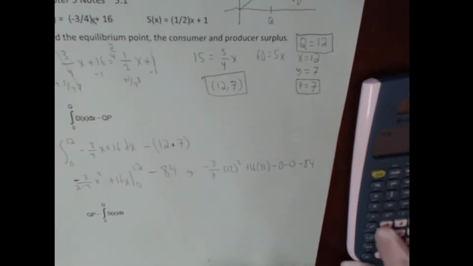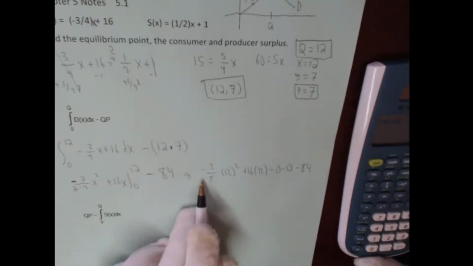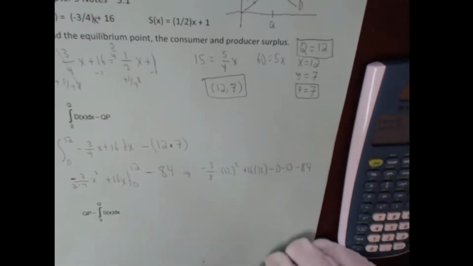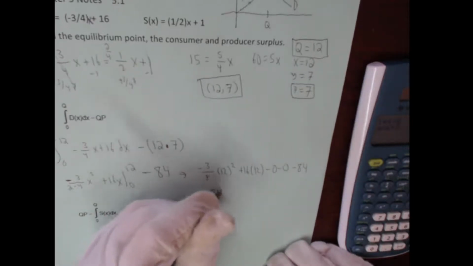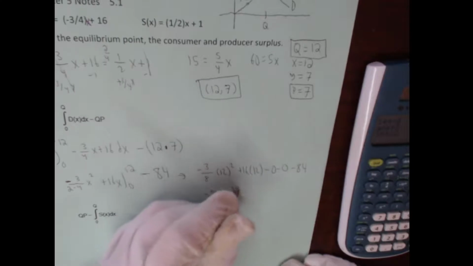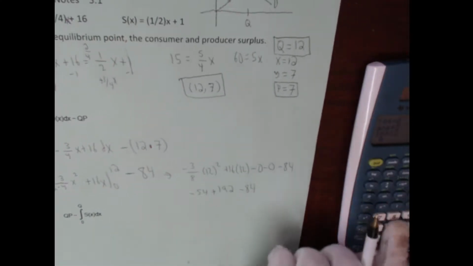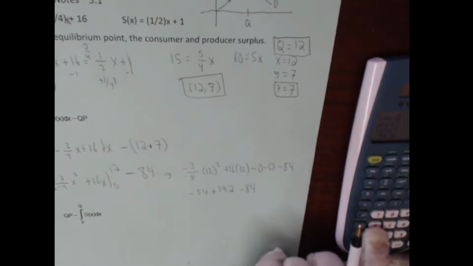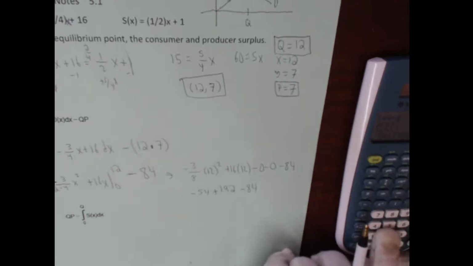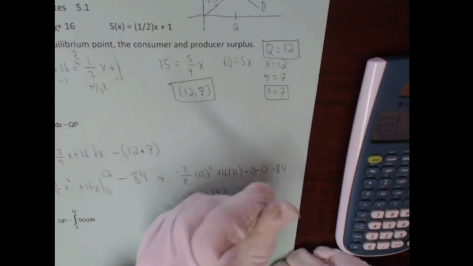So let's do this. 144 divided by 8, times 3. So we got negative 54 plus 16 times 12 is 192 minus 84. So negative 54 plus 192 minus 84 is equal to $54.